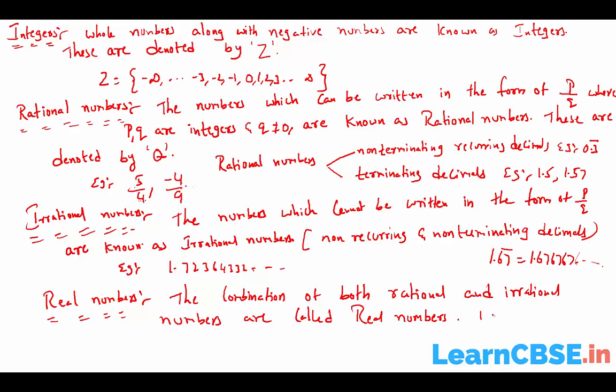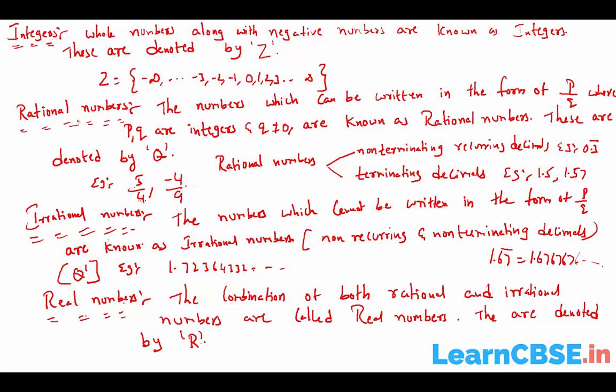They are denoted by capital R, and irrational numbers are denoted by Q dash. So real numbers, the combination of rational numbers and irrational numbers, that means the entire number system, can be called real numbers. So real numbers is a set of irrational numbers as well as rational numbers.